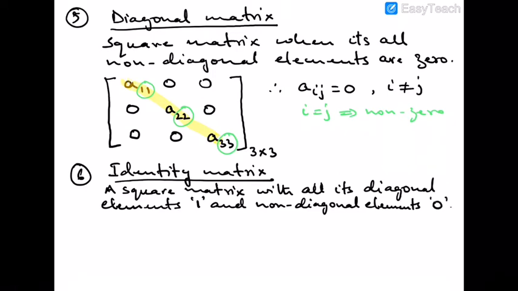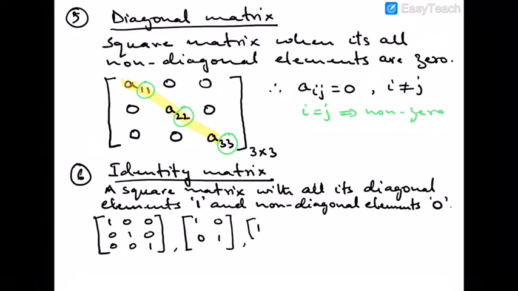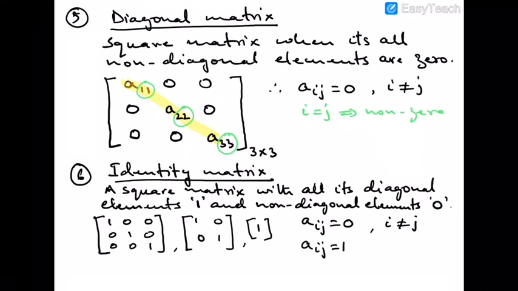So the matrix of the type 1 0 0, 0 1 0, 0 0 1, or 1 0, 0 1, or 1, so in all cases diagonal entries are 1 and non-diagonal entries are 0. So this is an identity matrix where A11, A22, A33 all are equal to 1.